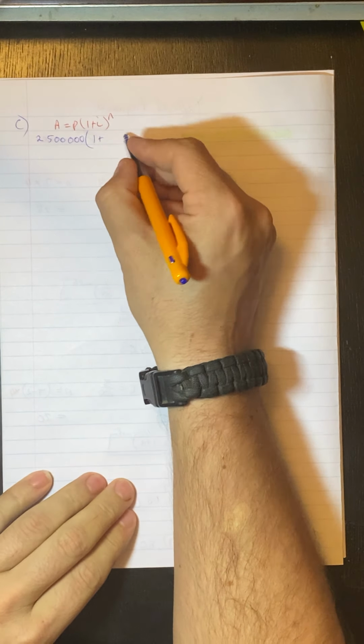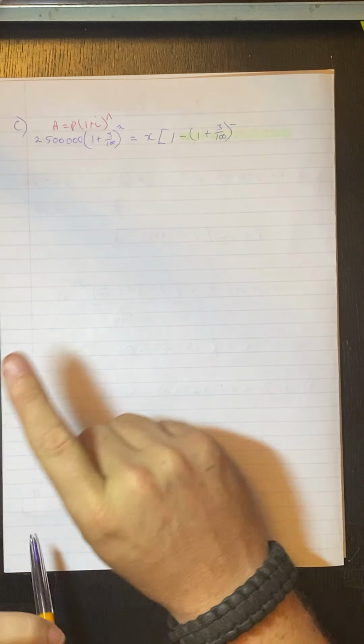Okay. And that must be equal to now the present value formula, which is going to be x times 1 minus (1 plus this 3 over 100) to the power of minus. Now, this is where the little tricky bit comes into it. Now, because we know that from over here, from our very first one, 7 years quarterly will give us 28. So we have 28 payments.